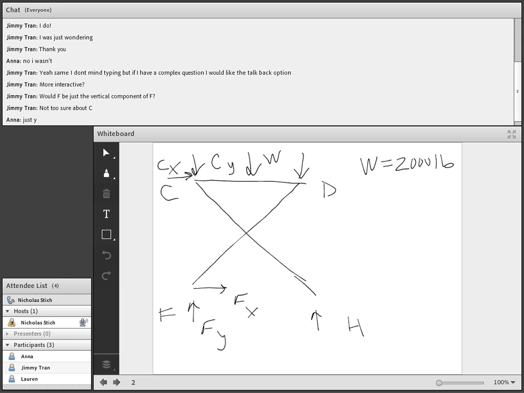Because now our system is this entire thing, whereas before we cut our system off here where the supports were. So do you guys see that by choosing a different free body, we can eliminate the forces at C and D? They're not disappearing, they're just disappearing in our calculations.